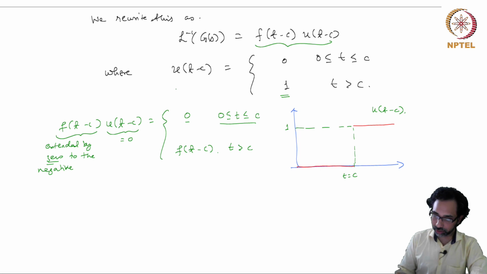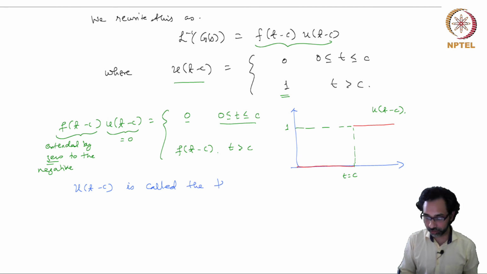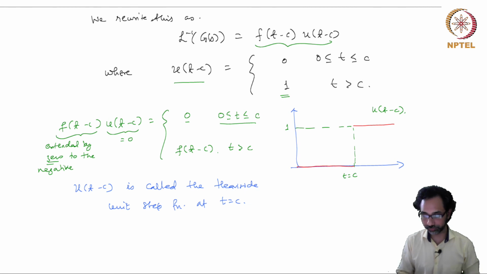So this function u(t minus c) has a special name. It is called the Heaviside unit step function at t equal to c.